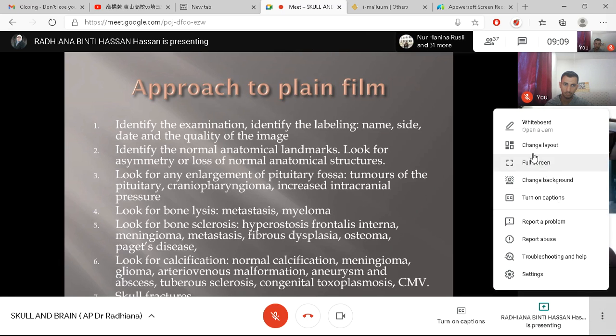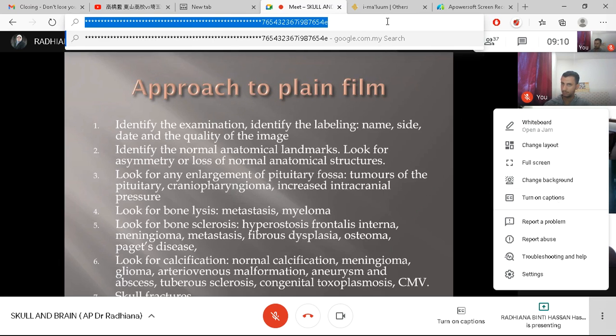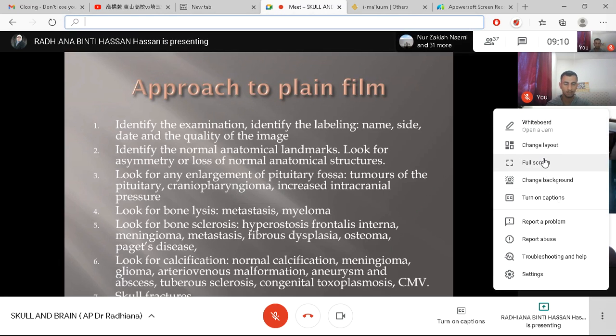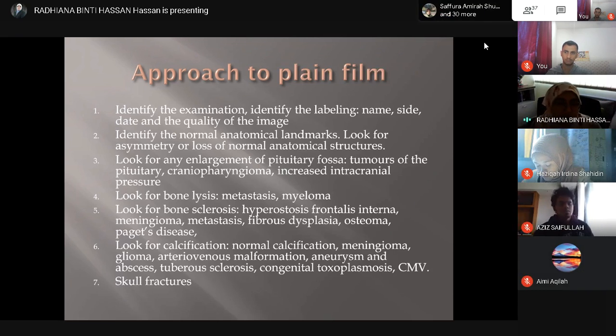Okay, so number one, of course important, you have to identify the examination, name of patient, site, dates, and of course quality of the image. Number two, you have to look at the normal anatomical landmarks. When you read your normal anatomy again, the same structures are always labeled.